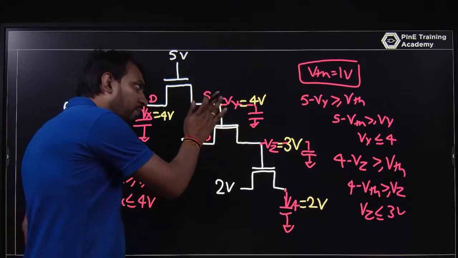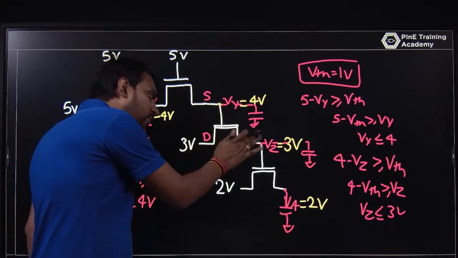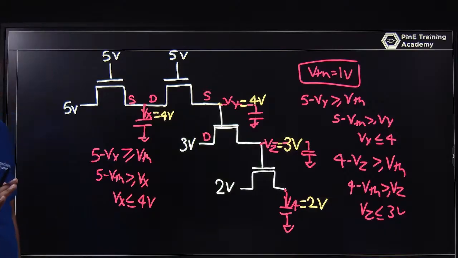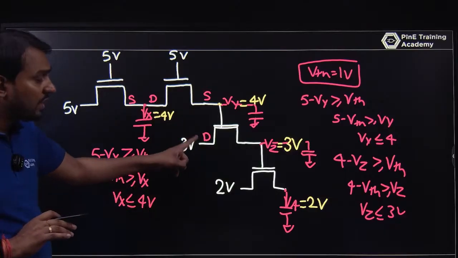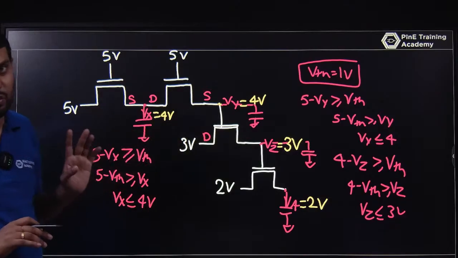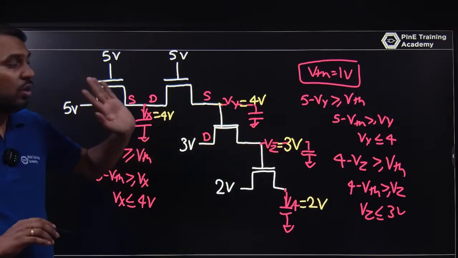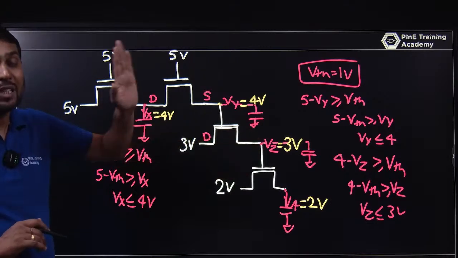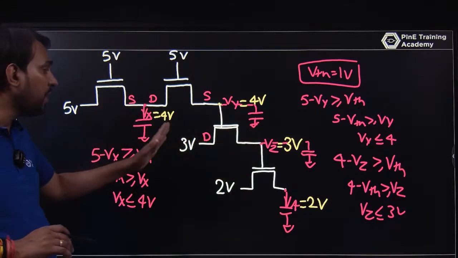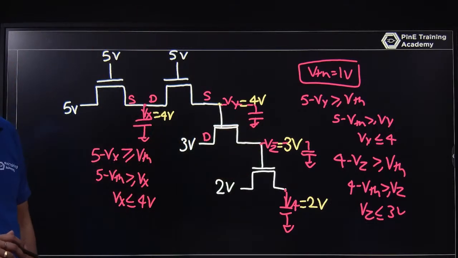By this gate voltage, the maximum voltage is 3 volt. If the drain voltage is less than that, that will be the Vz voltage. If it is more than that, the maximum voltage is 3 volt. So Vz can be a maximum of 3 volt, and the minimum depends on the drain potential.